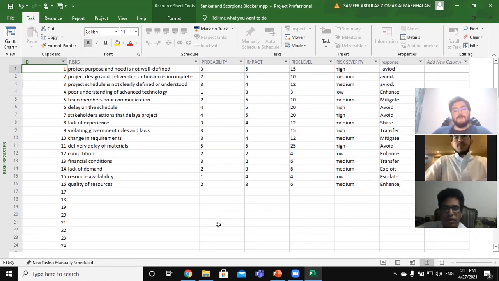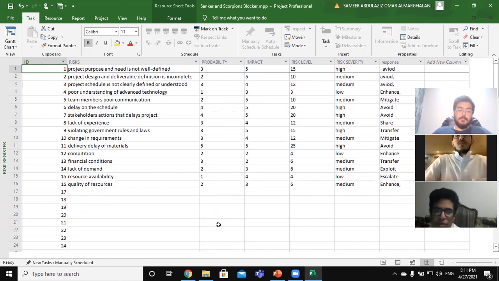For example, for the first risk, the probability is 3 and the impact is 5. The risk is that the project purpose and need is not well defined. Risk level is the impact multiplied by the probability. We can see that the severity is high.